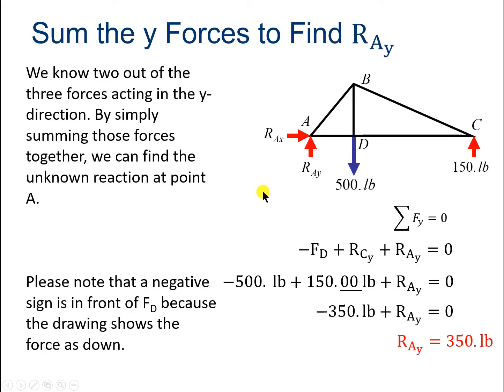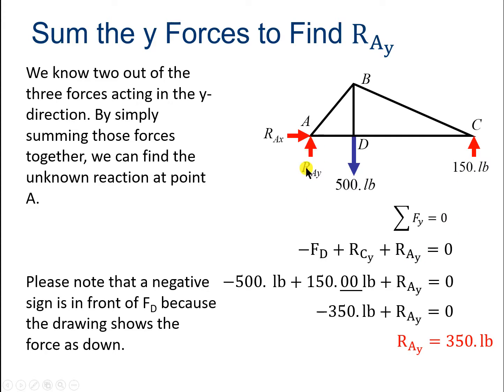So let's do that. The sum of the forces in the y direction is going to be 0. The left-hand side here is equal to this quantity: minus FD, negative because it goes down, plus RCY, which we know now, going straight up, plus RAY.